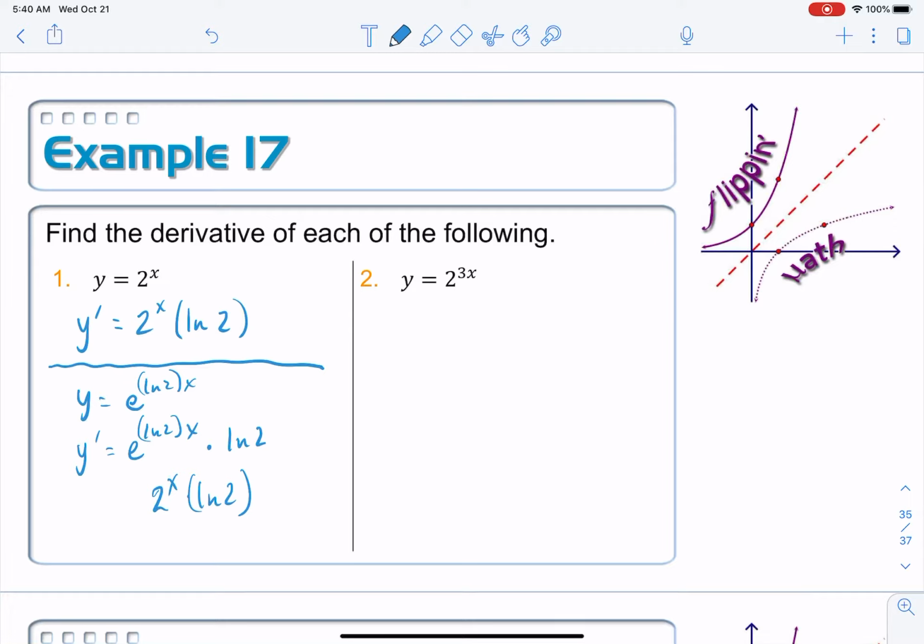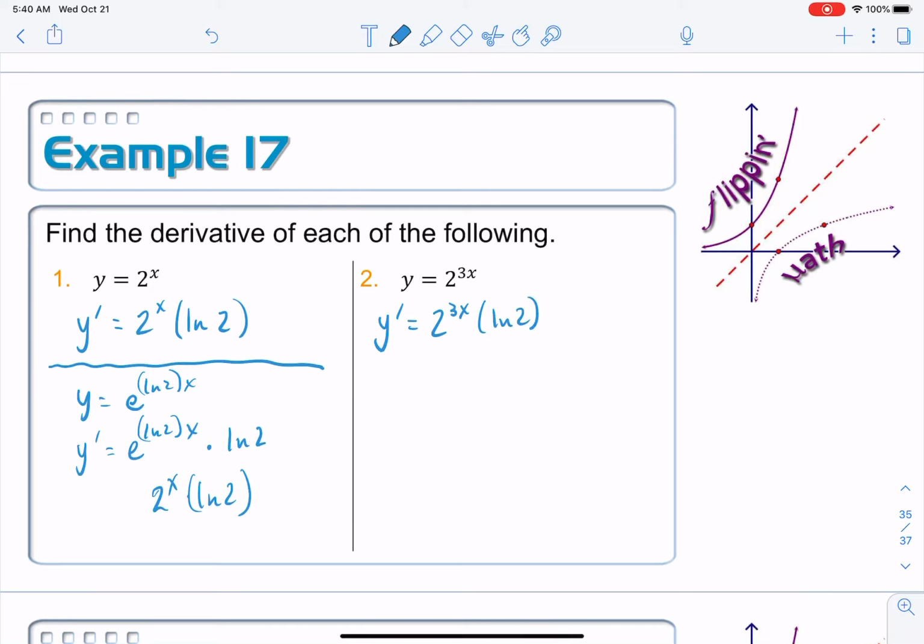On number 2, notice we do have a composite function here. We got 3x tucked inside of the 2 to the x function. So when I take its derivative, I have to use a chain rule. The derivative of any exponential is that exponential. However, we need to scale it by the base, natural log of 2.